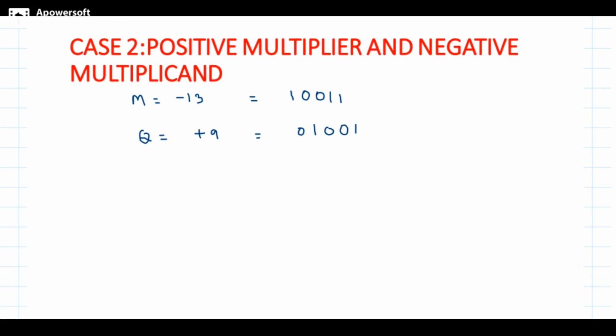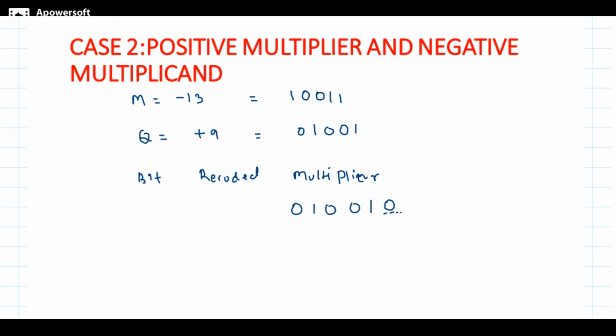Once again we have to compute the bit recoded multiplier. For that I'll take q as it is, 0 1 0 0 1, and append one extra 0 to the LSB.